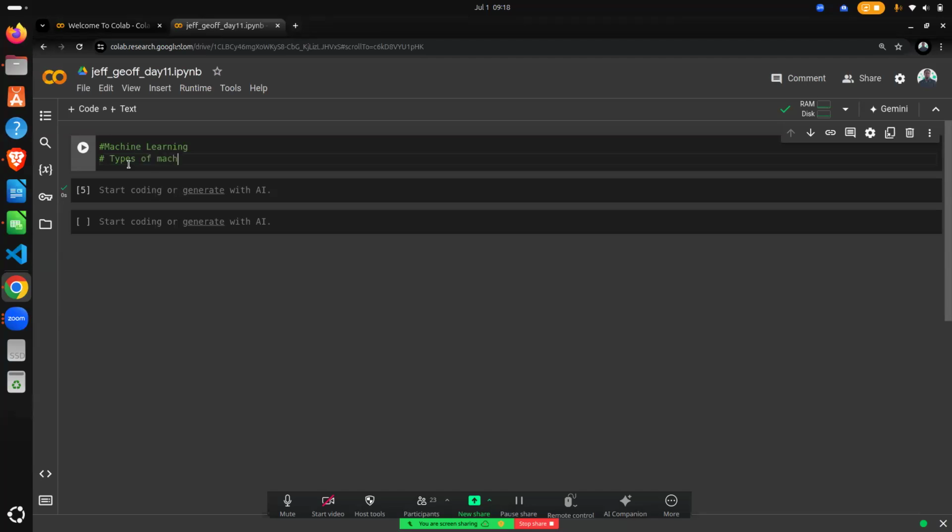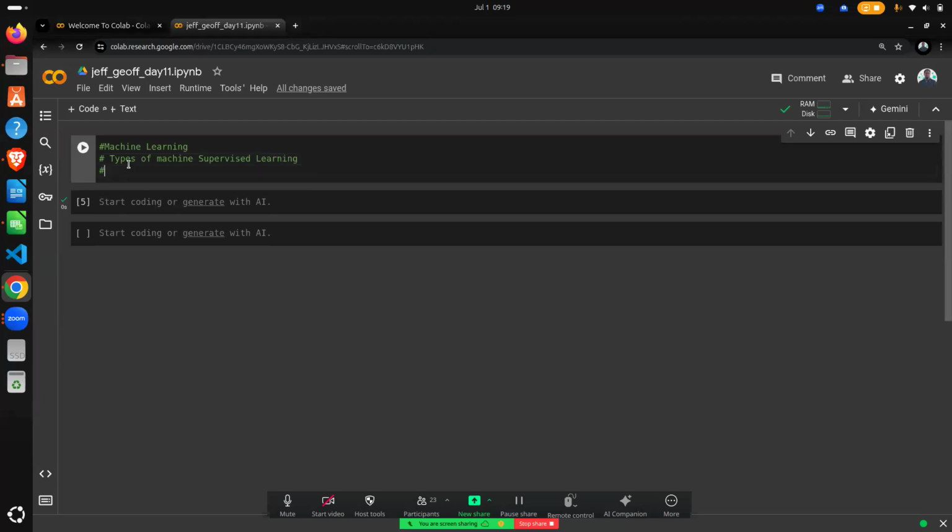This is not my focus, by the way, for now. The types are supervised learning, and another one is called unsupervised learning.